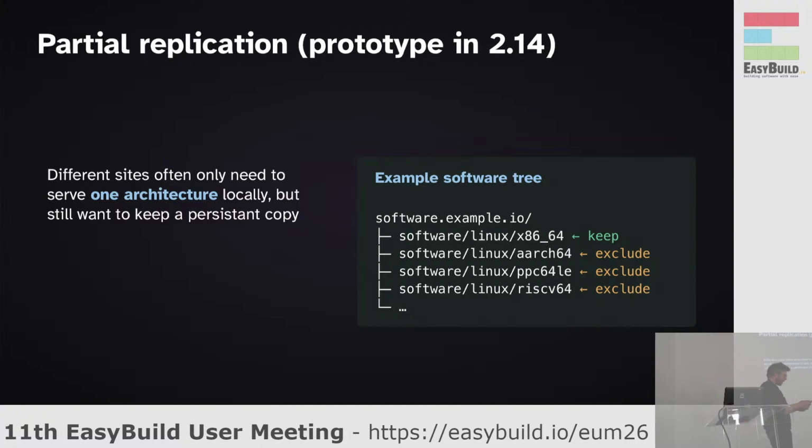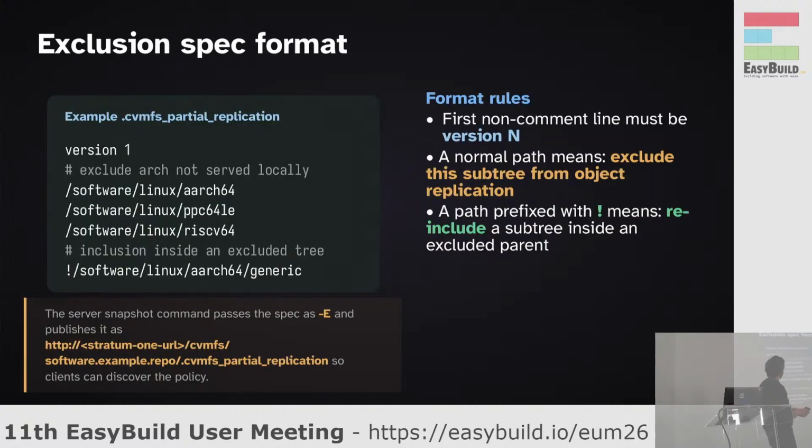All right, so how will this partial replication work? I have a prototype that works by creating a .cvmfs partial replication file. It's basically similar to a .gitignore file. What you put in here are paths you want to exclude, and you also have a chance to be more granular and include stuff inside an excluded tree.